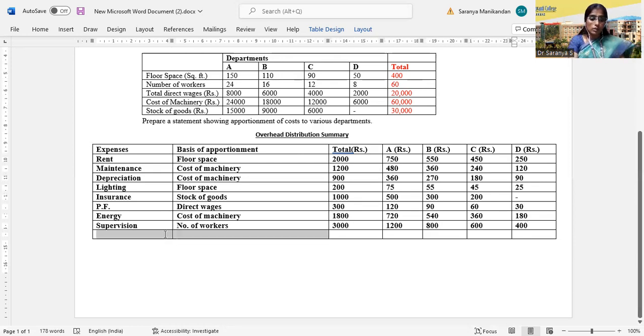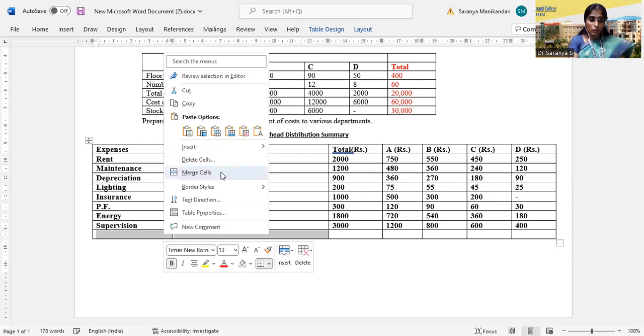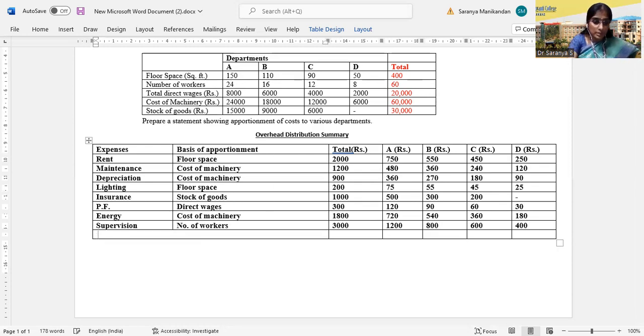Okay, so now we will total it up for each and every department. So total. When you total, the total for total column will be rupees 10,400. Now we have to do the total for A department, B department, C and D department as well.